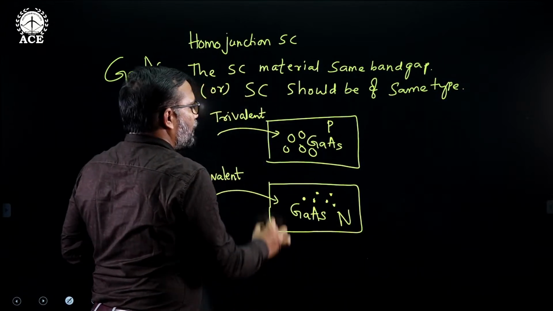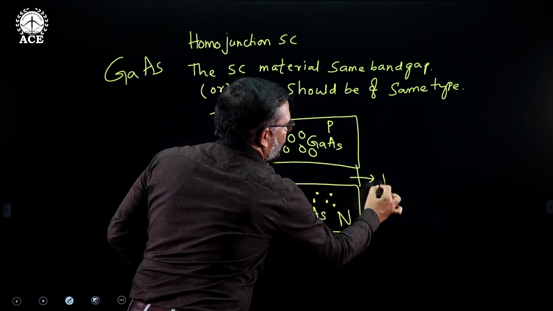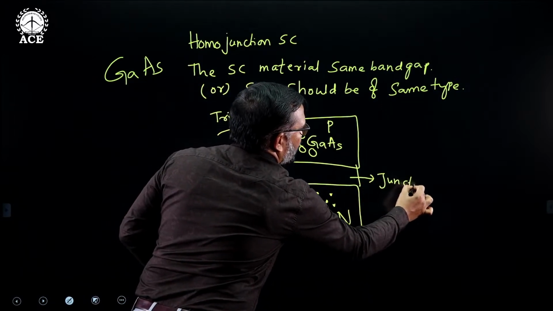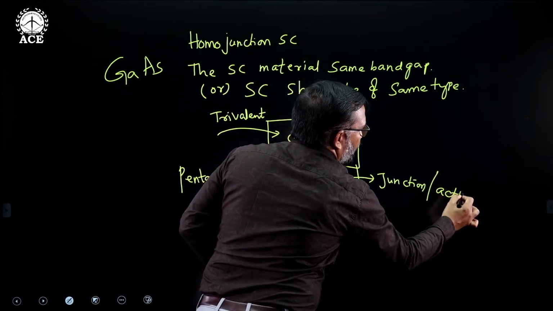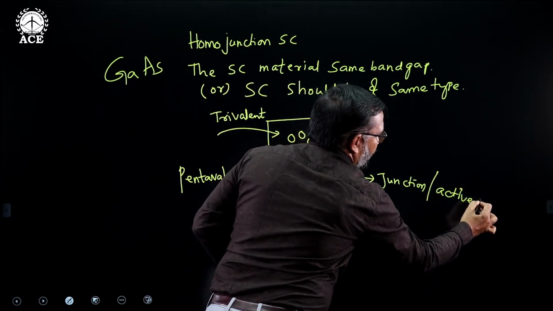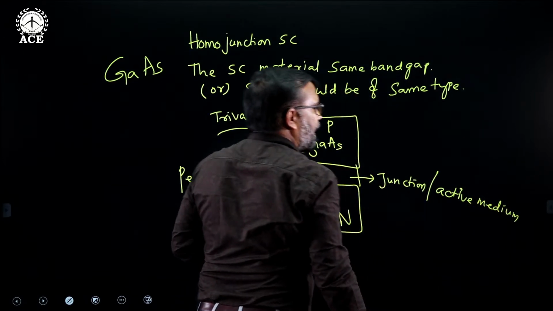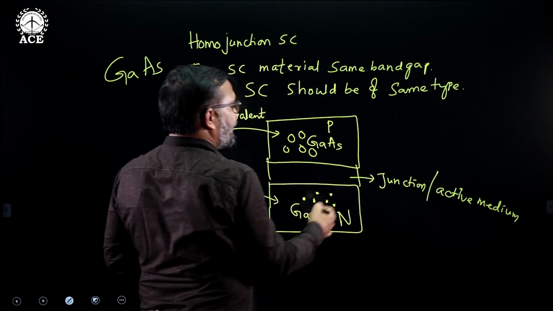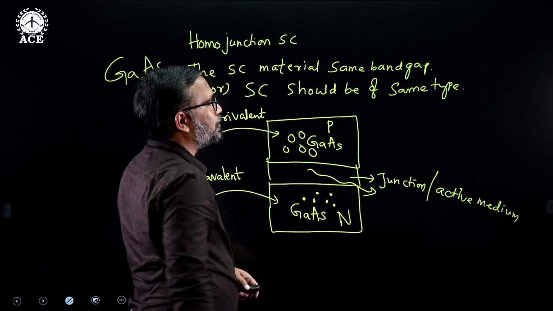When they are brought into contact, it is called a junction. So the junction is nothing but the active medium, the active layer. Whatever lasing action takes place, it takes place through the junction only.